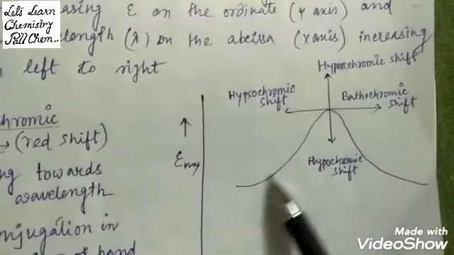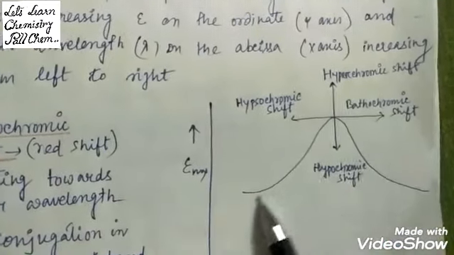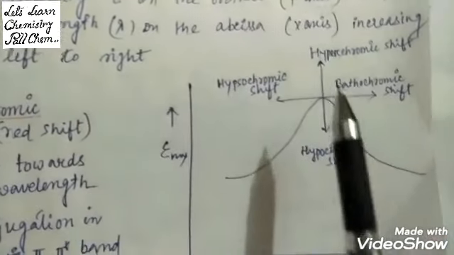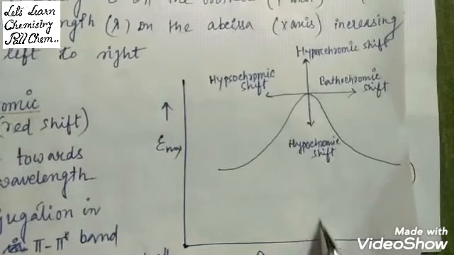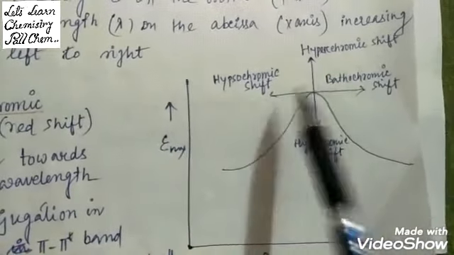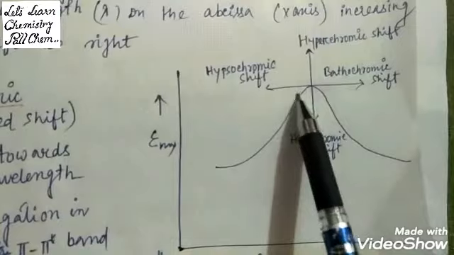So we will get a plot like this. This is lambda max, this is the absorption maxima, epsilon maxima.